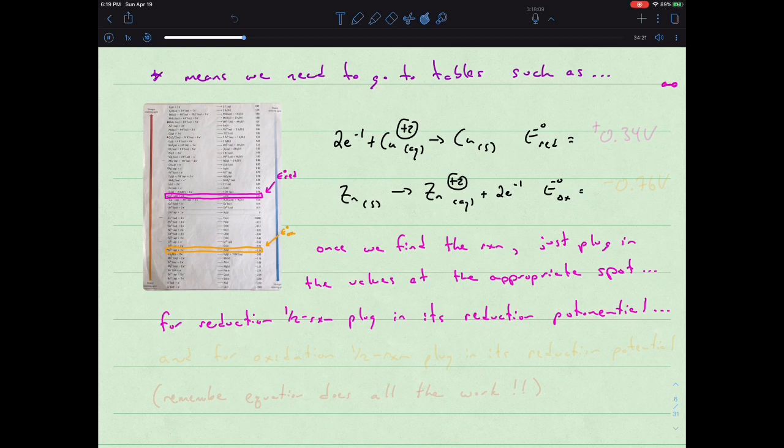And for the oxidation half reaction, plug in its reduction potential.